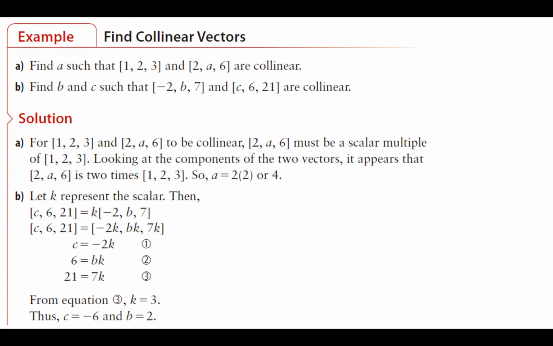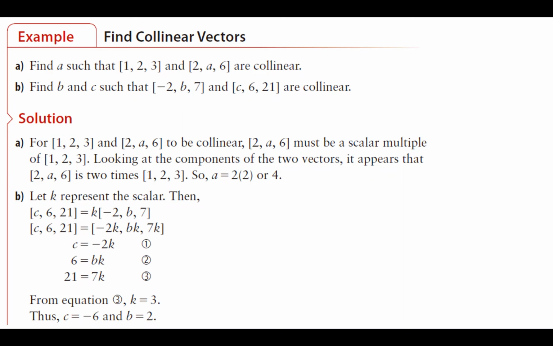In question B, we can let k represent the scalar. Then these two vectors being collinear is equivalent to (c, 6, 21) being expressed as k times (-2, b, 7). Therefore, (c, 6, 21) equals (-2k, bk, 7k).